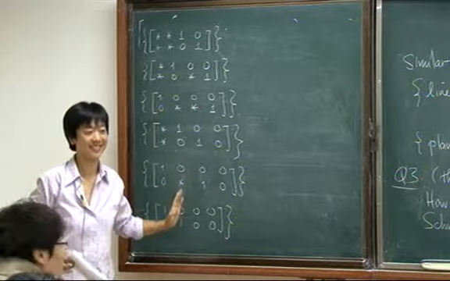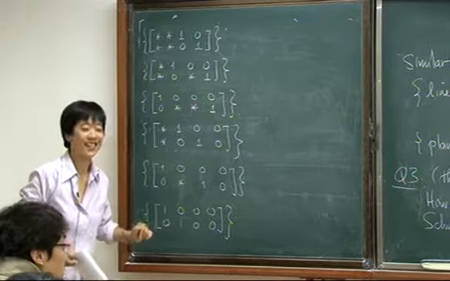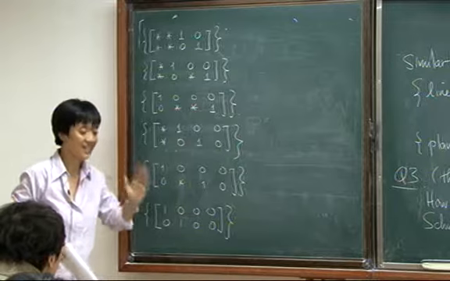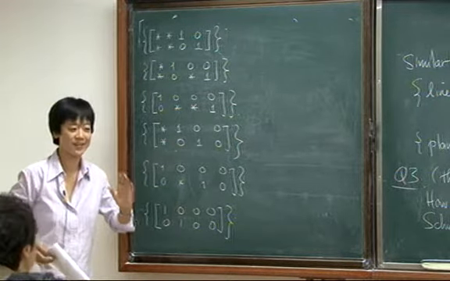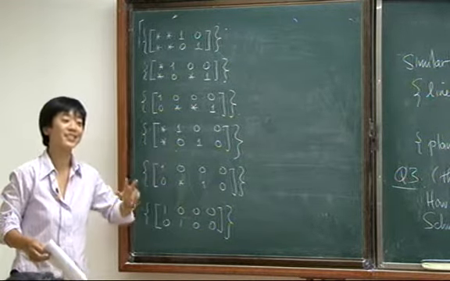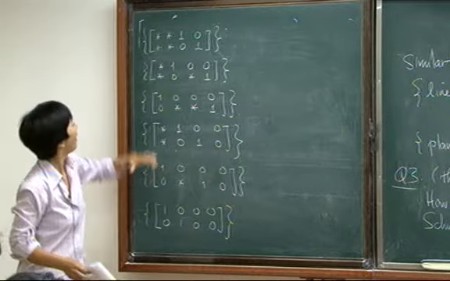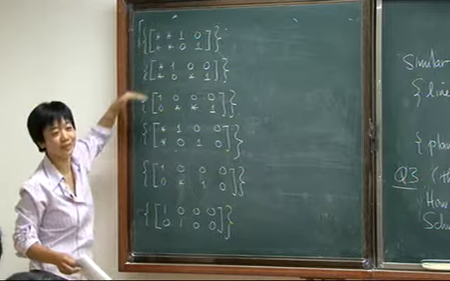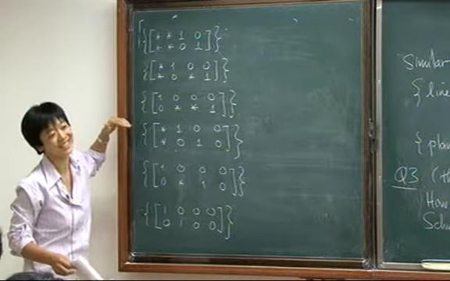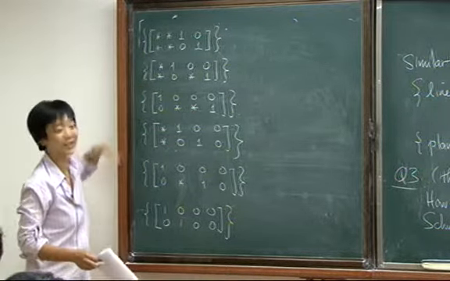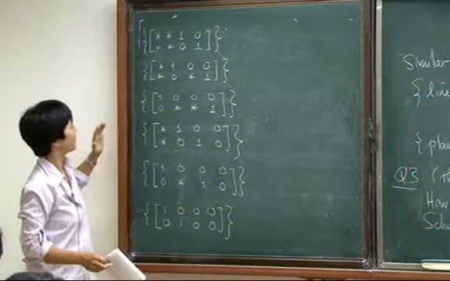I claim if I give you any two-plane in R4 or A4, and I tell you, you must pick a basis for this two-plane where the two vectors are of this particular form, then it will be unique. Is that okay? That's what I'm claiming.